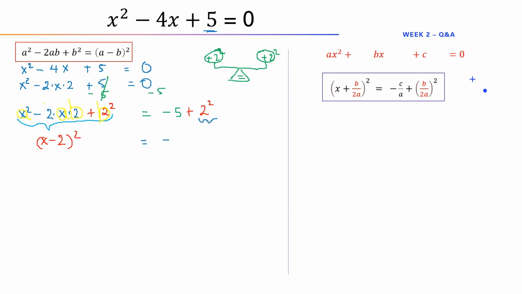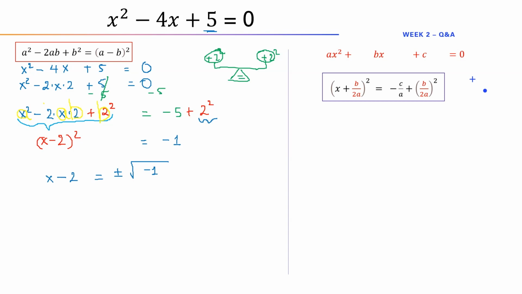So that will become negative 1. Alright, now we can use the square root property, right? So x minus 2 equal plus or minus square root of negative 1.